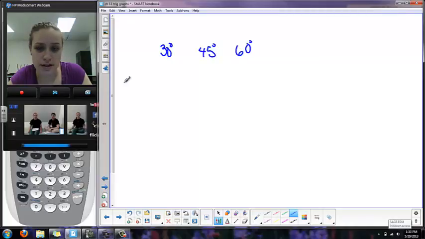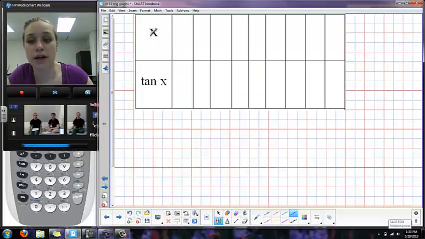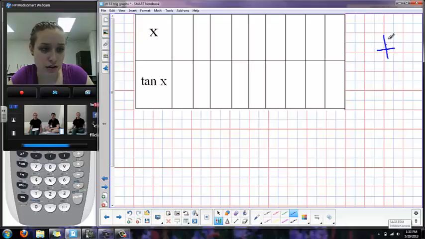I'm not going to make the sine and the cosine part, but if I'm only looking at tangent, then tangent of 30 is radical 3 over 3, 45 is 1, and 60 is radical 3. Okay. So, because I'm going to go in segments of 45 degrees, and all students take calculus, that's going to be helpful as well.